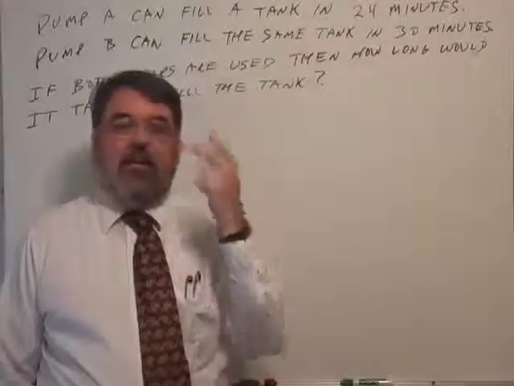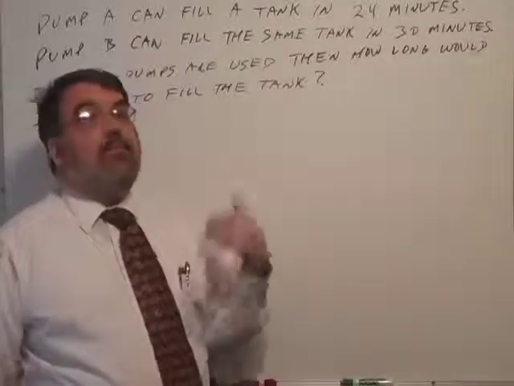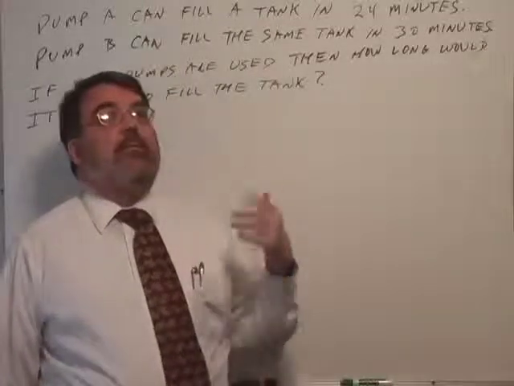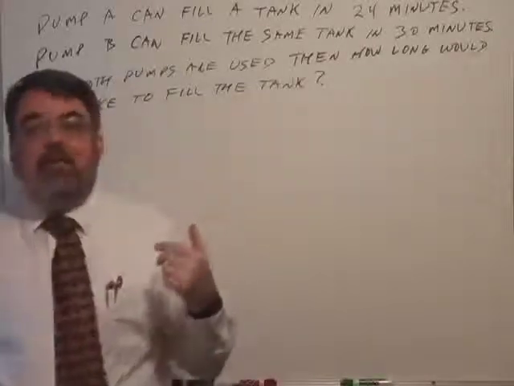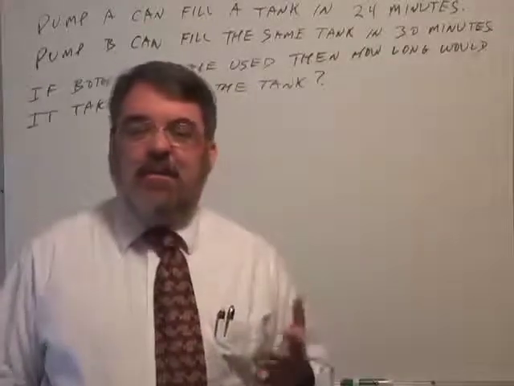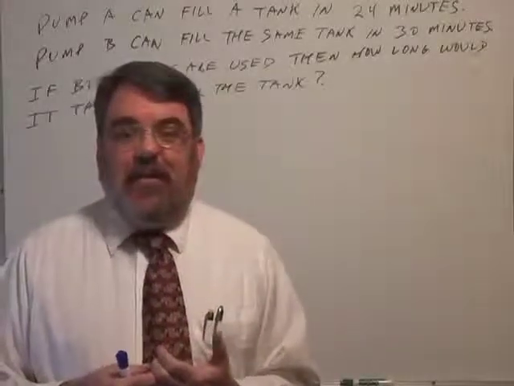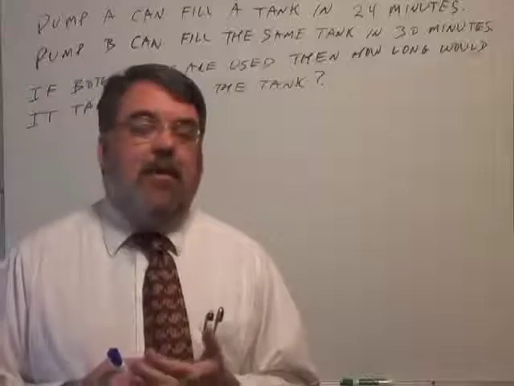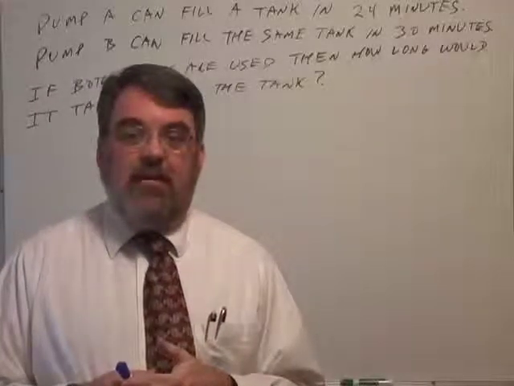Think in terms of like a lowest common denominator. And 24 and 30, the smallest number that's in common with both would be 120 minutes. So what I'm going to do is pick a convenient number to work with. And convenient here is the least common multiple. 120 minutes. What happens in 120 minutes?